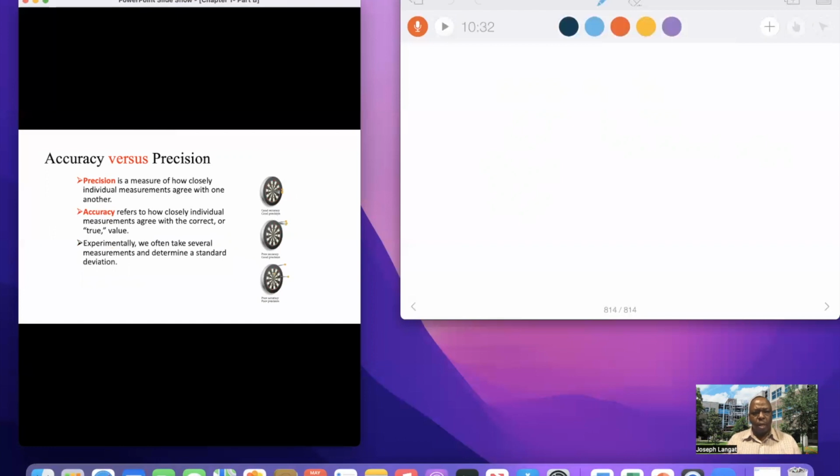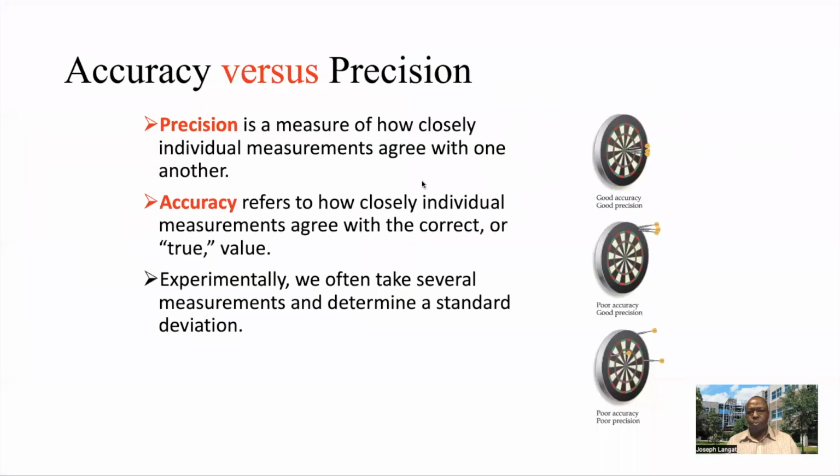There's a diagram in the text. Somebody was playing darts. If you look here, let me just blow this up. You see, this is good precision and good accuracy. What that means is for good precision, the arrows are close to one another.